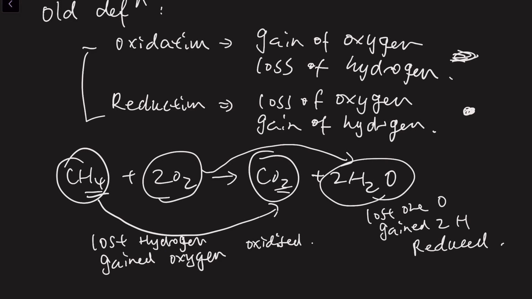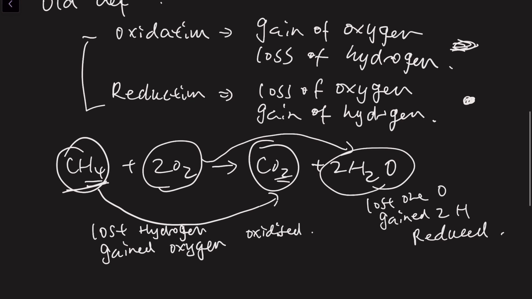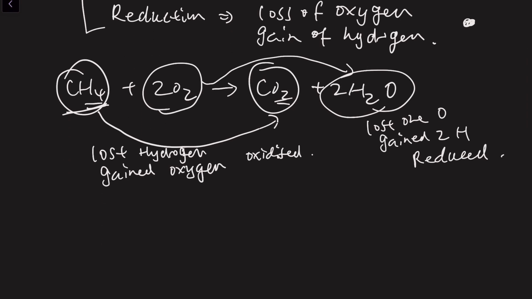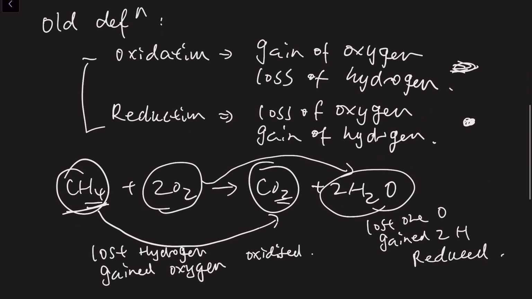In fact, for this type of combustion reaction involving hydrocarbons, the fuel is always getting oxidized, and oxygen is always getting reduced. It does not make any sense to oxidize oxygen, since oxygen is used to oxidize other stuff. So you cannot oxidize oxygen gas anymore. So that's the old definition.